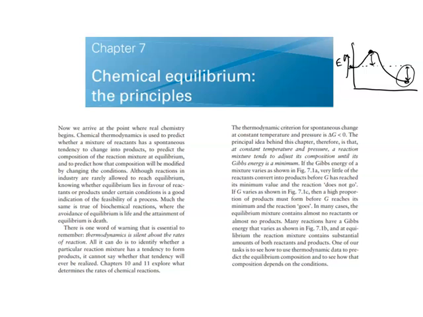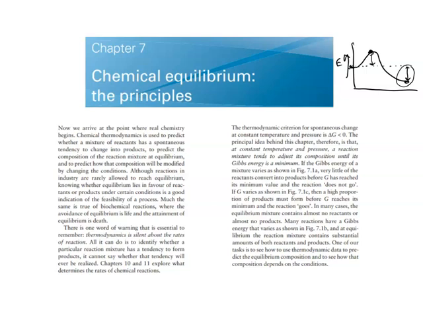0. The principal idea behind this chapter, therefore, is that at constant temperature and pressure, a reaction mixture tends to adjust its composition until its Gibbs energy is a minimum, meaning the reactant is at its most stable state.